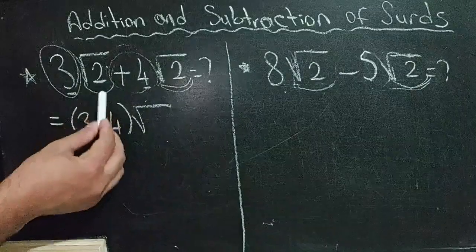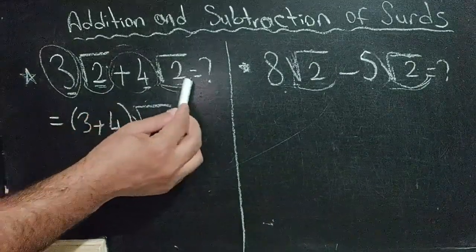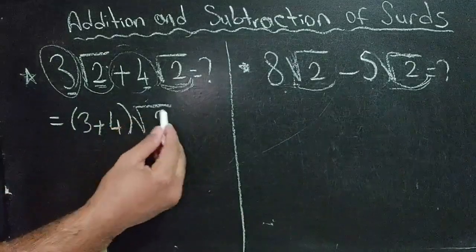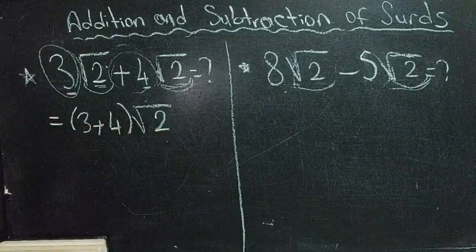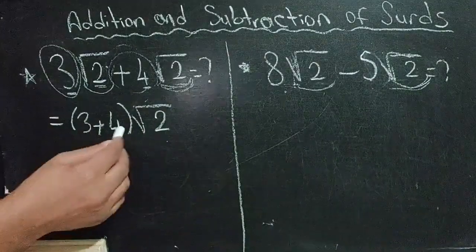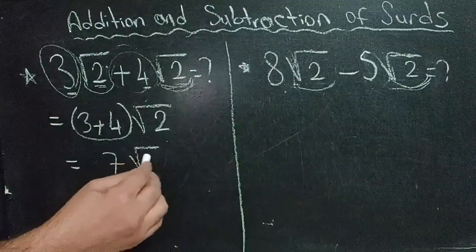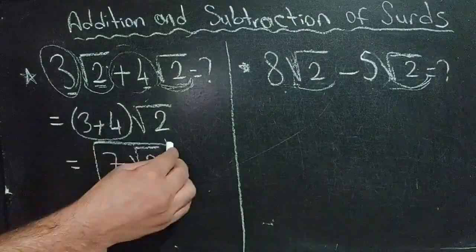You cannot add inside square numbers to each other. You leave this one the same. It will stay as square root 2. Now you will get from 3 plus 4, 7 square root 2.